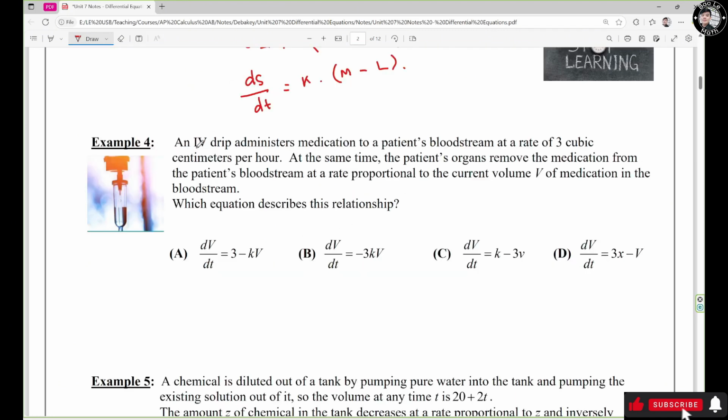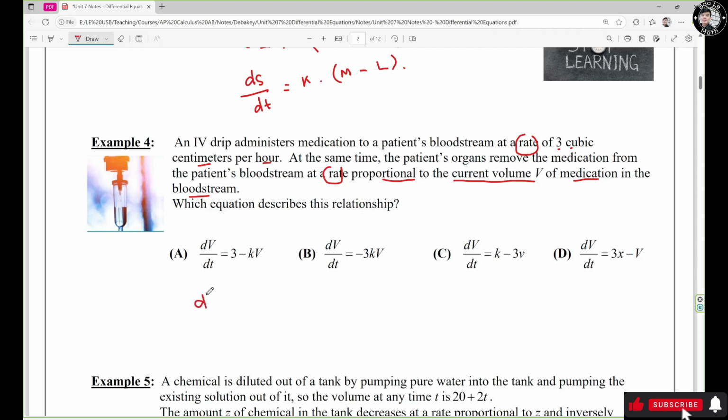Now, example number 4. A nurse administers medication to a patient's bloodstream at a rate of 3 cubic centimeters per hour. At the same time, the patient's organs remove the medication from the patient's bloodstream at a rate proportional to the current volume V of the medication in the bloodstream. Which equation describes the relationship?